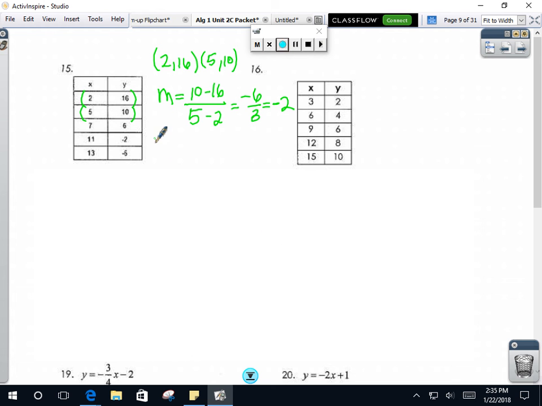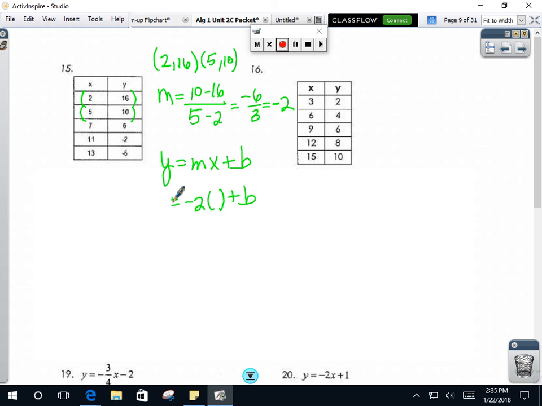Now to find the b, since there's no visible 0 in the x column, let's use the new way I taught you. y equals mx plus b, but I'm going to replace the y, the m, and the x, and then solve for b. What can I replace the m with? Negative 2. And then there's many choices for replacing the x and the y.